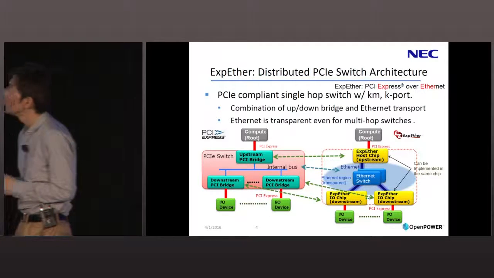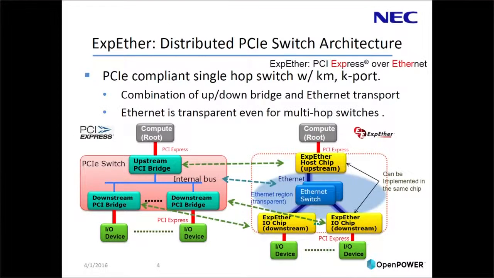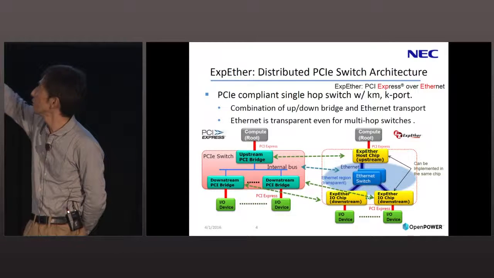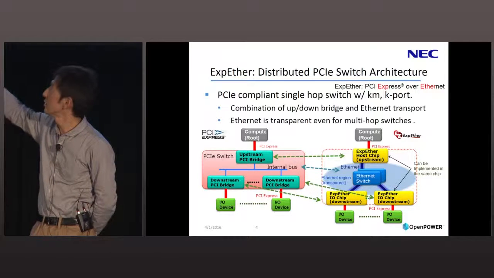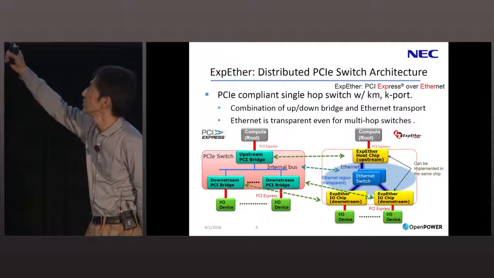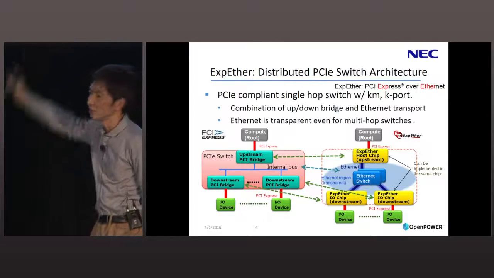So please look at the figure on the left. It shows the standard PCI Express switch chip. Inside the switch chip, there is an upstream PCI bridge and downstream PCI bridges, and they are connected through the chip internal bus. We separate those PCI bridges at the chip internal bus and replace this chip internal bus with Ethernet.